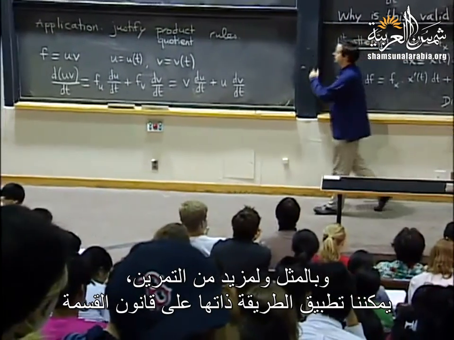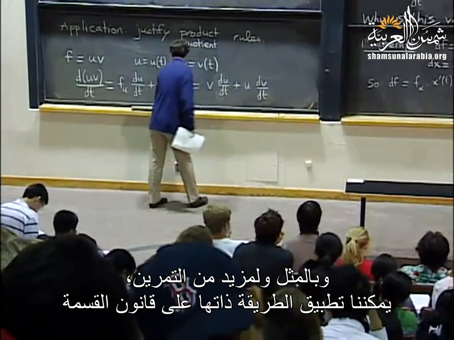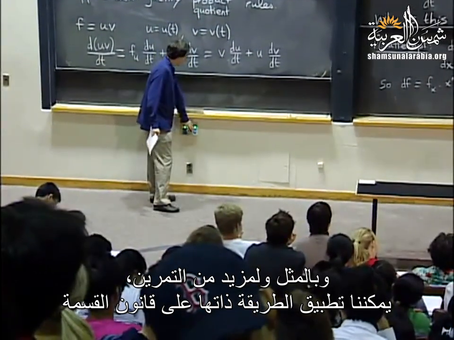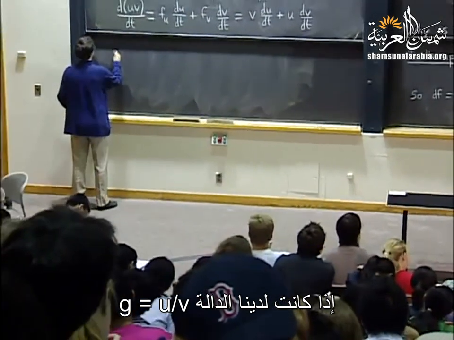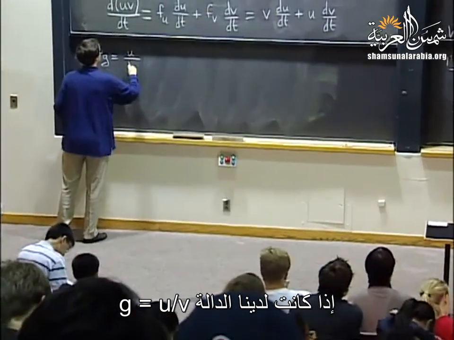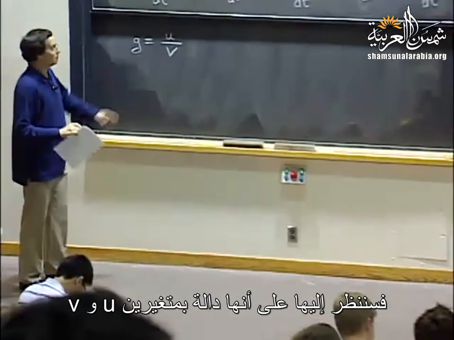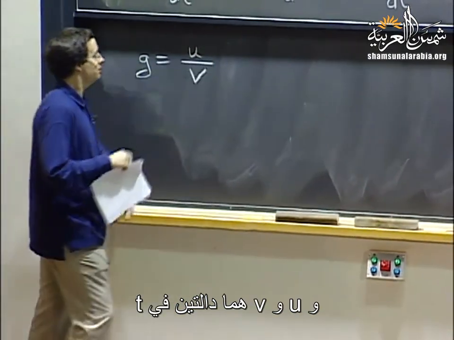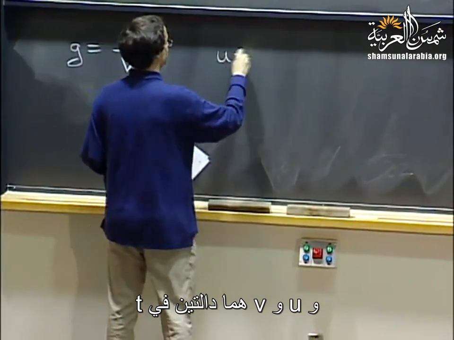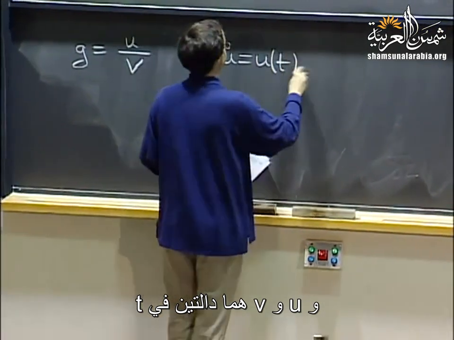Similarly, you can do the quotient rule. Actually, let's do it just for practice. If I give you the function g equals u over v, right now I'm thinking of it as a function of two variables, u and v, but u and v themselves are going to be functions of t.